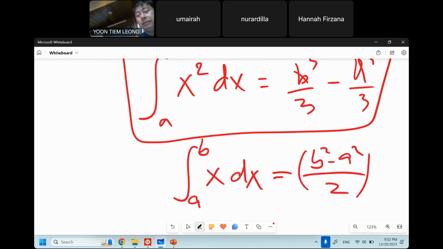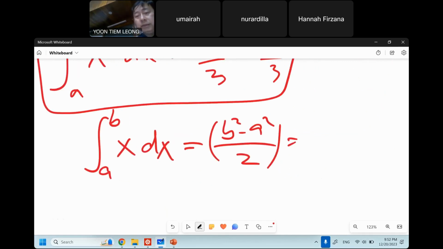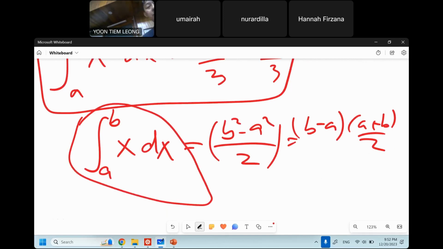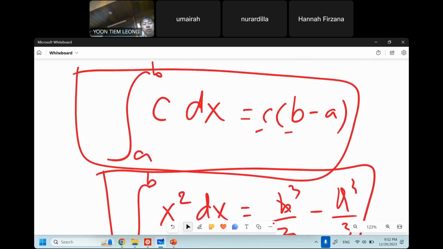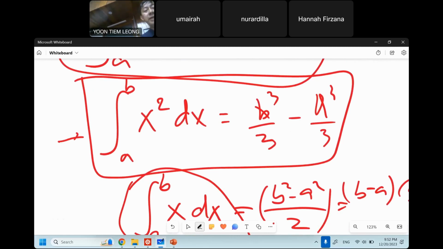That is just equal to (b minus a) times (a plus b) over 2, the area of the trapezium. So we have seen these results in the previous example, and in this theorem we have learned this simple result. And then we are also told that the Riemann sum of x squared between a and b is given by this.